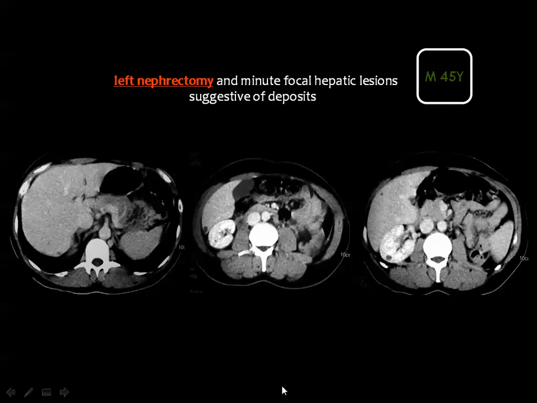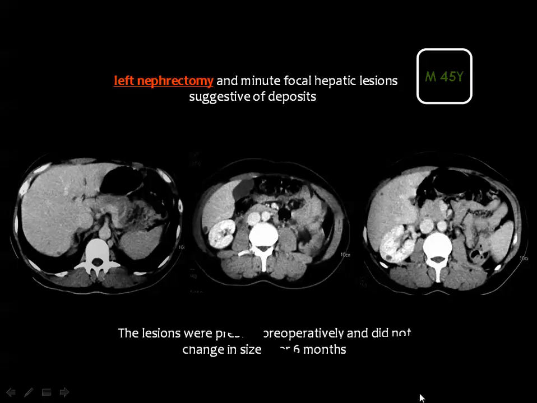And this is an example of a male patient, 45 years old, and he has a known history of nephrectomy for a malignant lesion. Then he is presenting for follow-up, and he has multiple small focal hepatic lesions. Can you consider these as metastasis or just simple cysts?